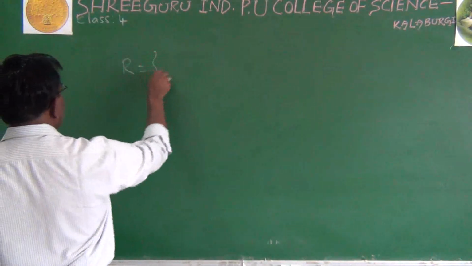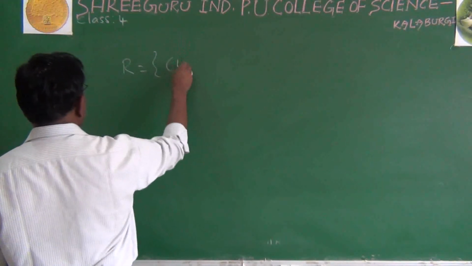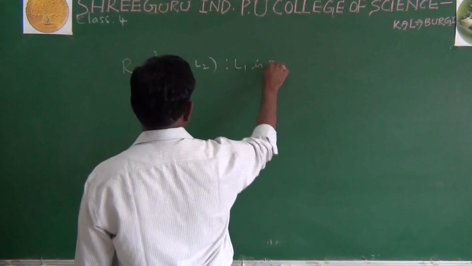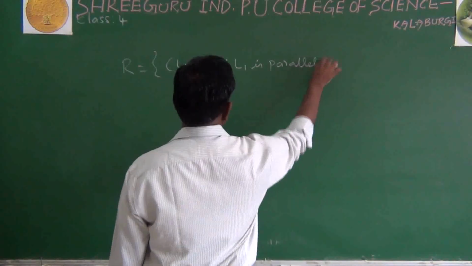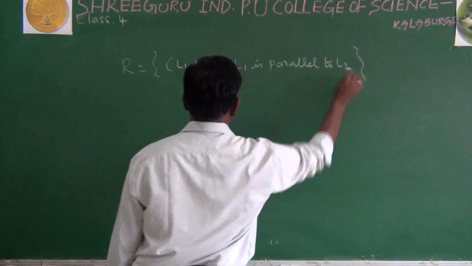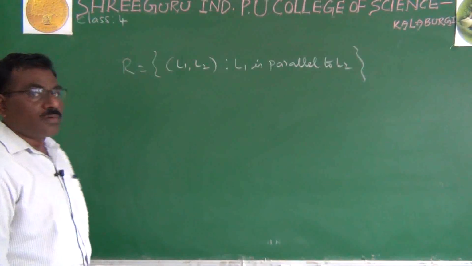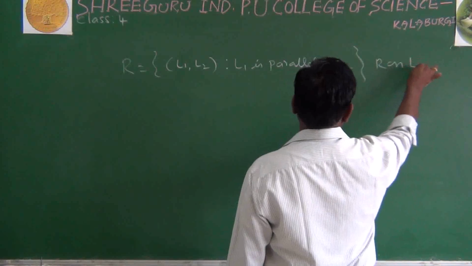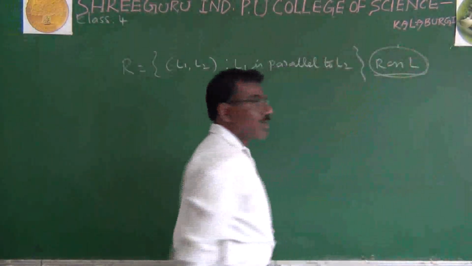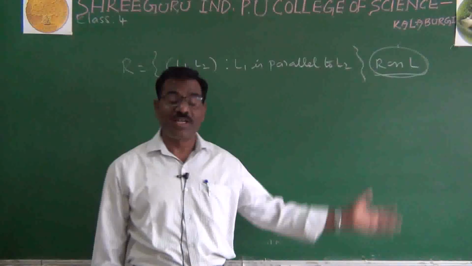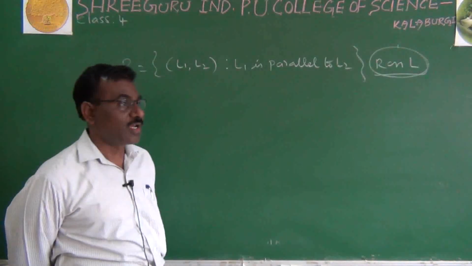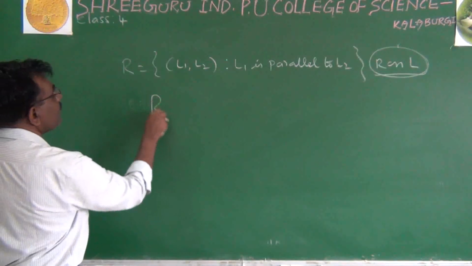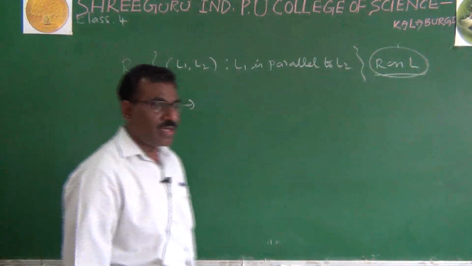R is equal to L1, L2 such that L1 is parallel to L2, R on capital L. What is L? The set of straight lines. Then how to start? Reflexive.